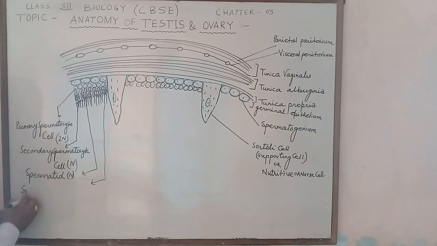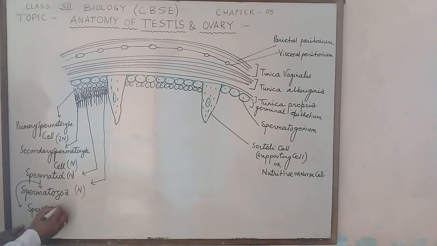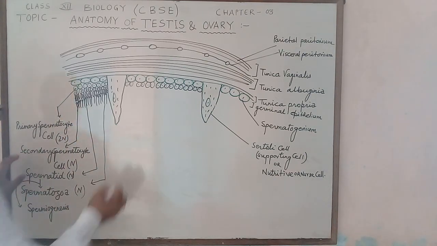Spermatozoa have a motile structure in the seminiferous tubule. This process, when spermatid is modified into spermatozoa, is called spermiogenesis.